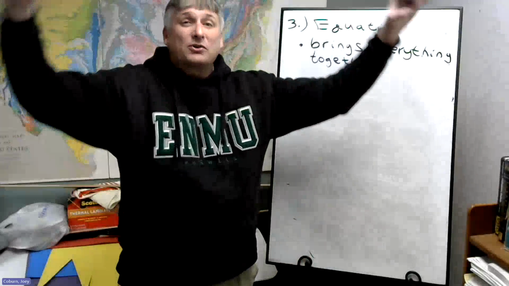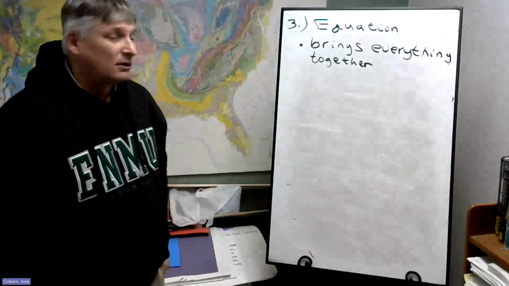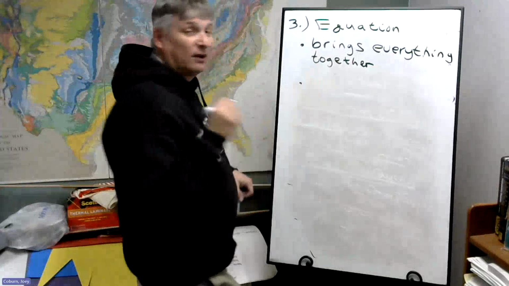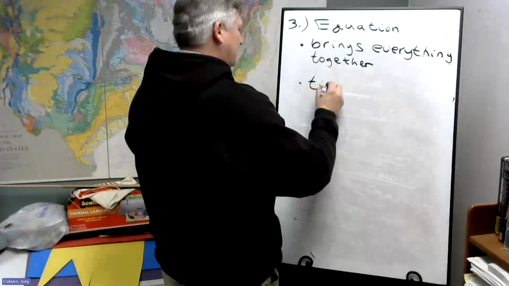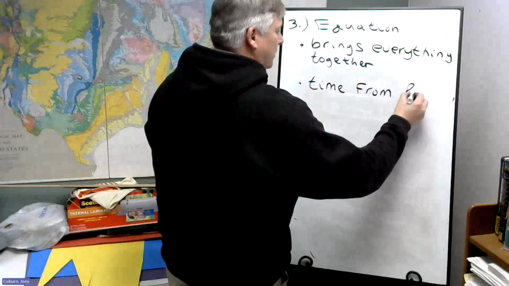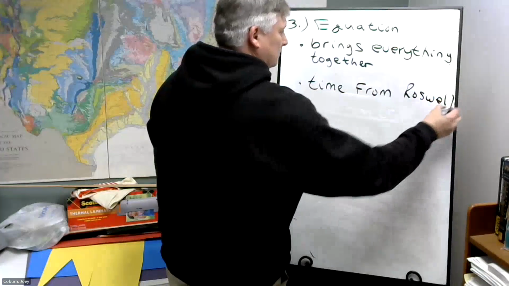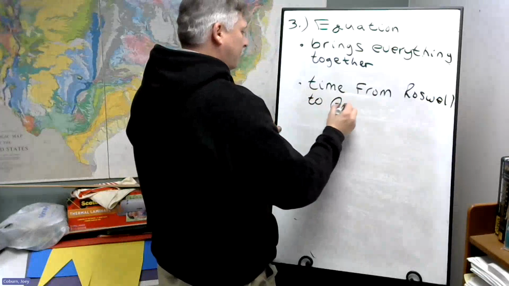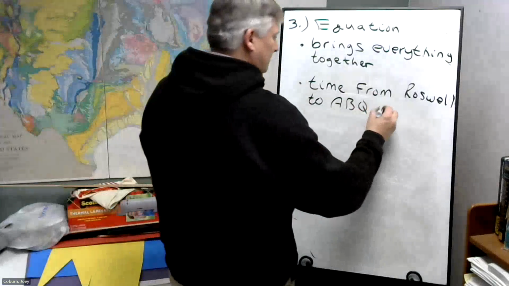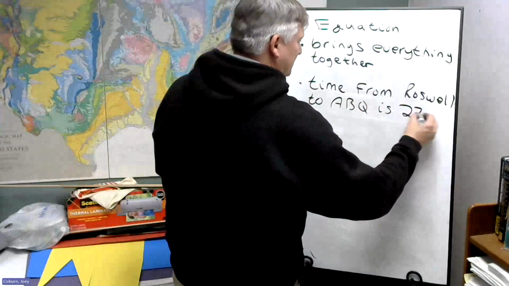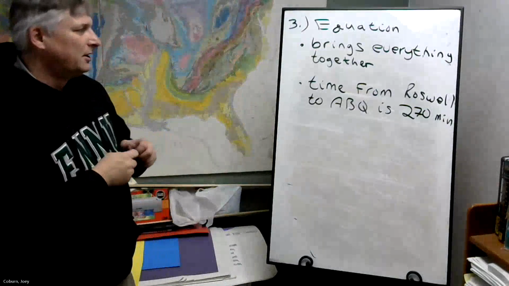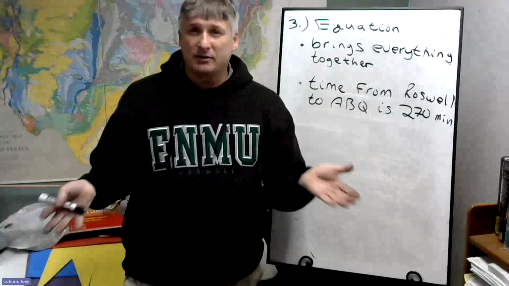There's an overarching relationship. What is that? For us, the time from Roswell to Albuquerque, and I'm abbreviating that as ABQ, is 270 minutes. So the overall time is 270 minutes.